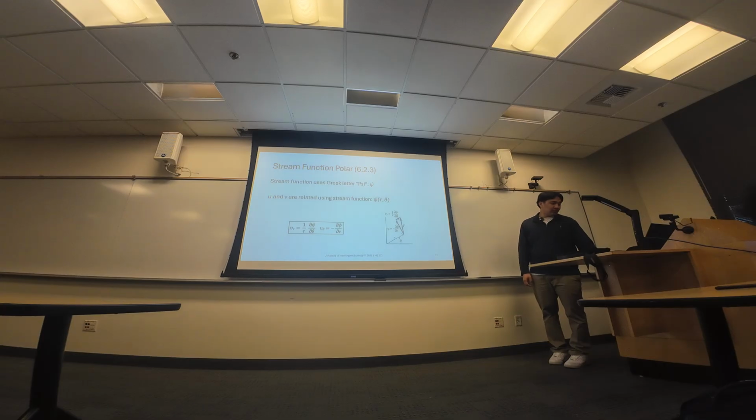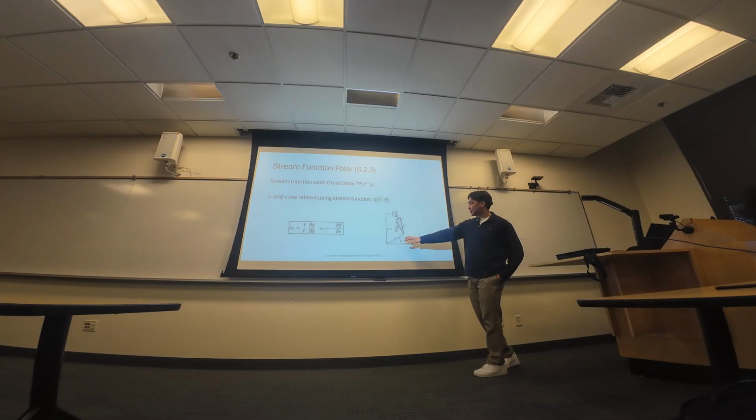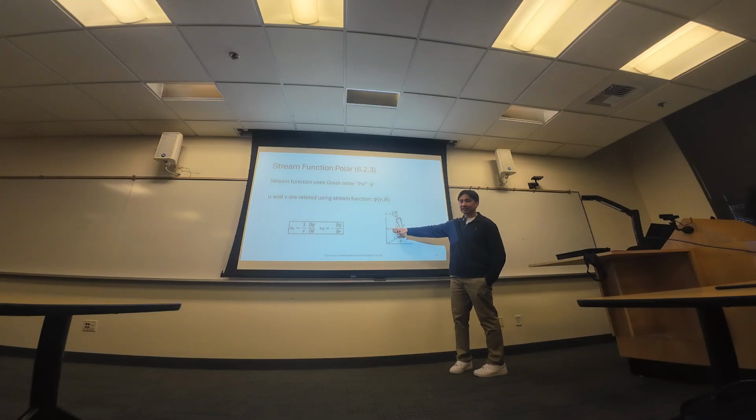Stream function in polar coordinates. Same idea as before. You have your radius, you have your angle, and you have your two components, your velocity for theta and velocity in radius. So r is just your radius, and your psi function is usually going to be given to you.